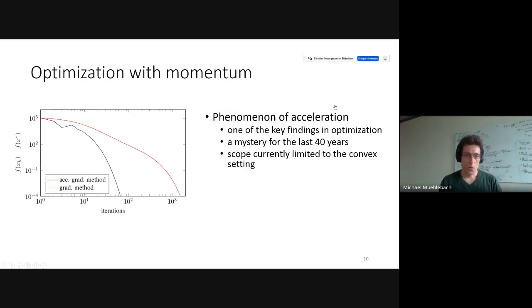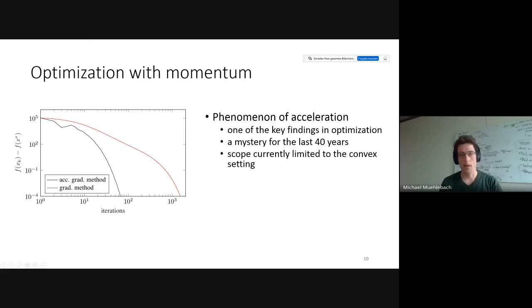So what I would like to discuss with you is essentially what people call the phenomenon of acceleration. And I think it's best illustrated in an empirical or numerical example. So on the left, I randomly generated a quadratic program, and I applied one version of an accelerated gradient method and the gradient method.